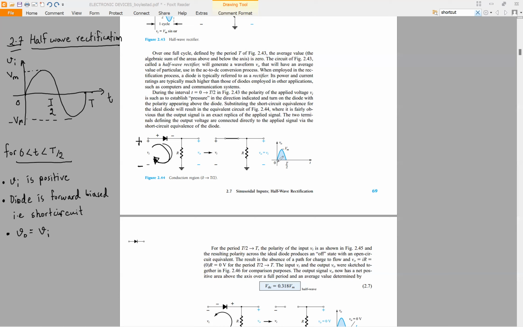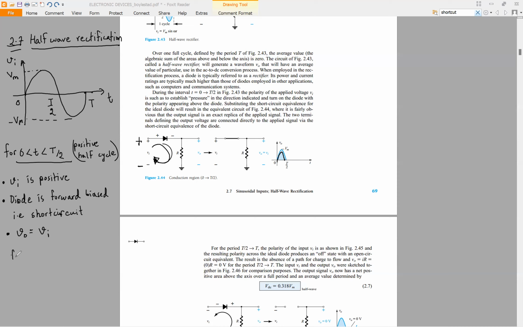So we have an output voltage which is very similar to the input voltage in the positive half cycle. Now in the negative half cycle, the input voltage is negative.